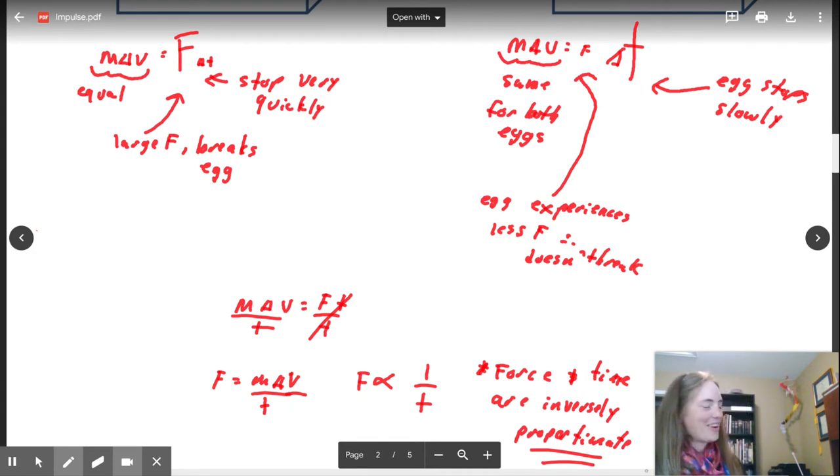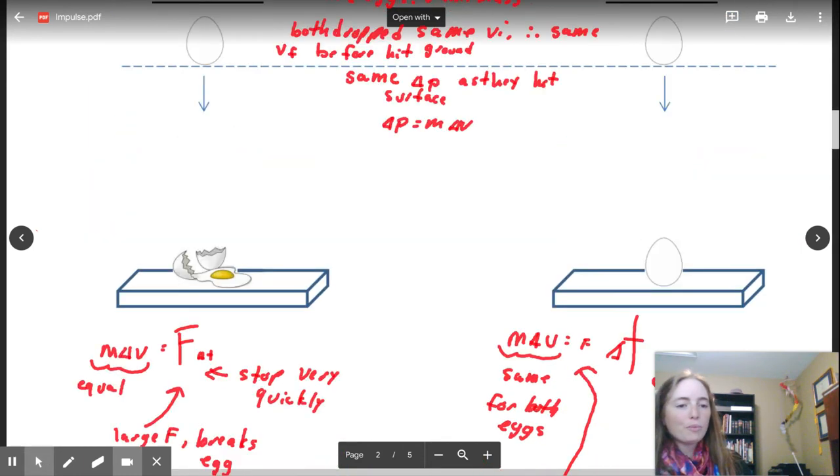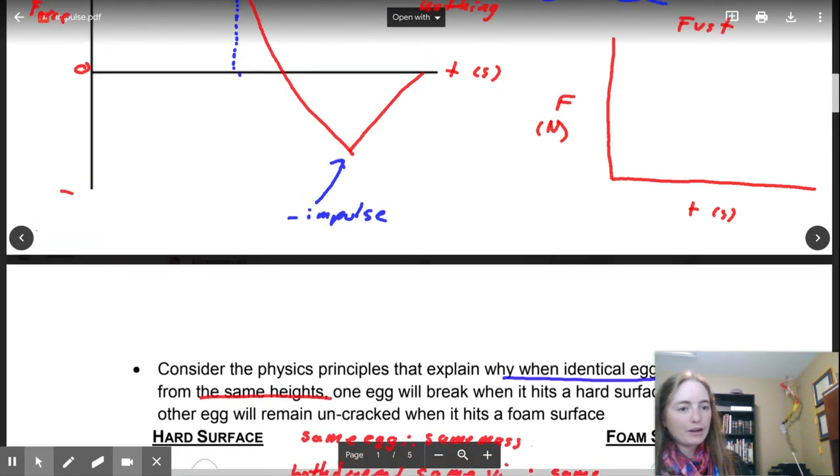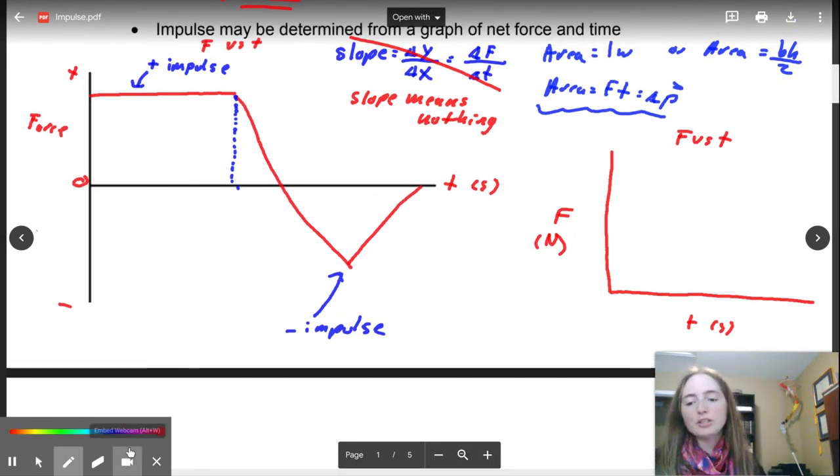Okay, so ladies and gentlemen, we're going to go back up to our graph now. I want you to flip back to your previous page and look at this graph here. This dark blue line is going to be the egg on a hard surface.